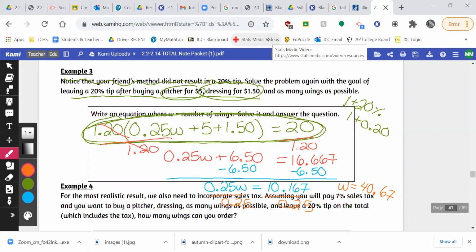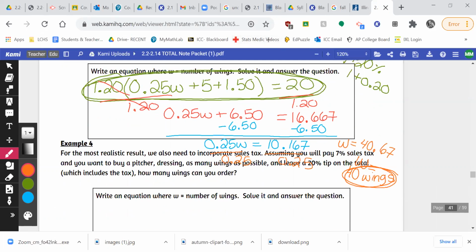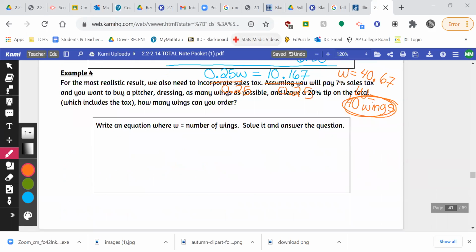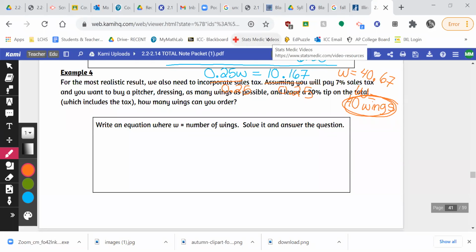You do not want to be short on money. So in these problems, even though we would normally round 40.6 something up to 41, we don't want to be short in how much money we have. So I am going to always round down with these ones. So this is going to be 40 wings because we don't want to be short on money. Okay.